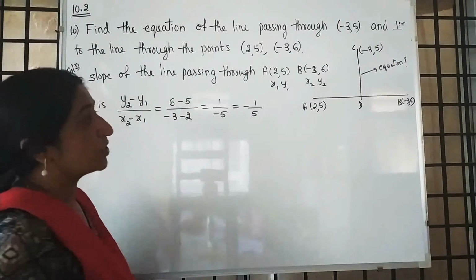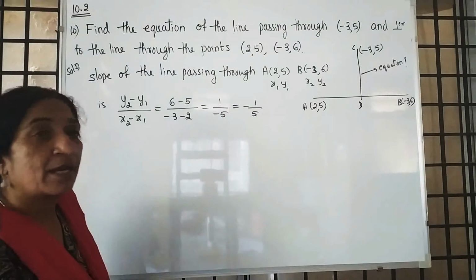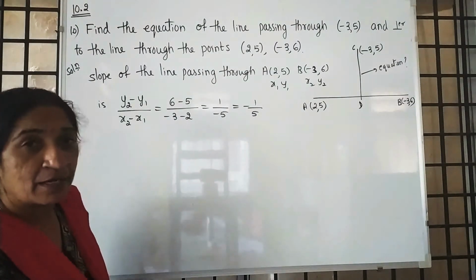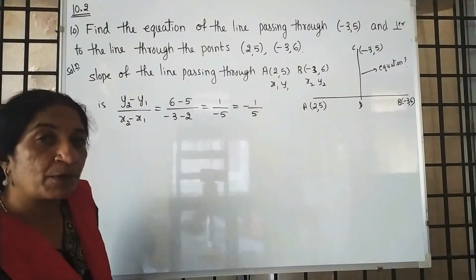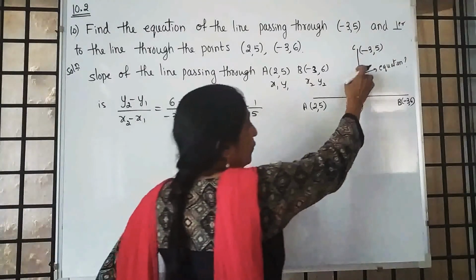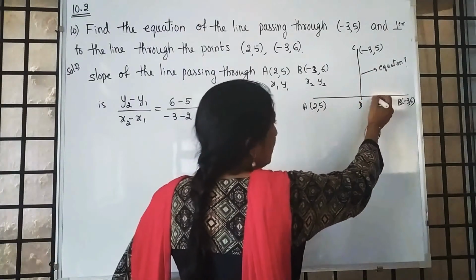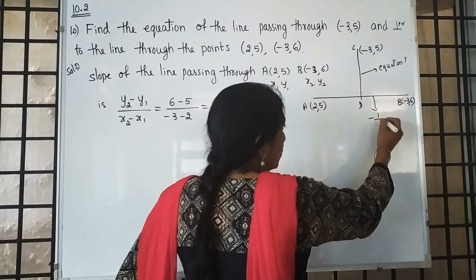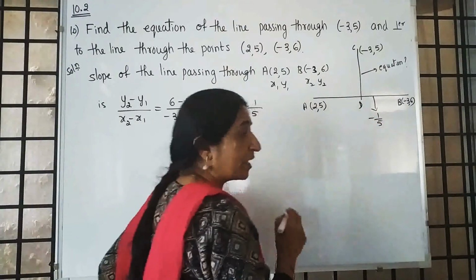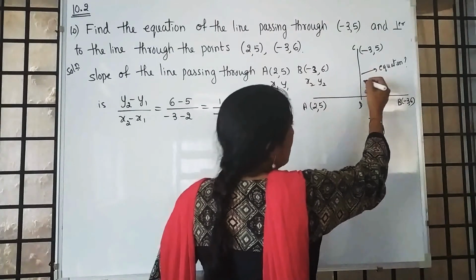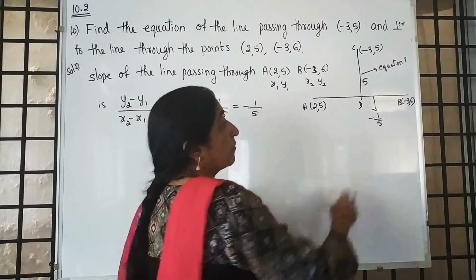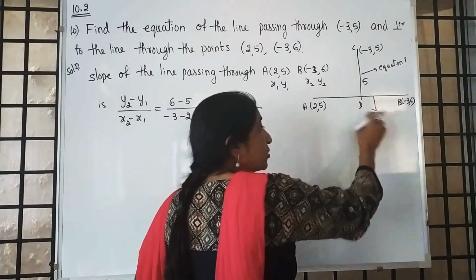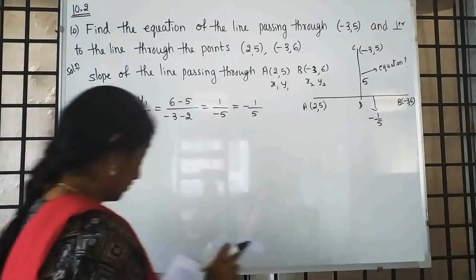And what is the relation between AB and CD? Are AB and CD perpendicular to each other? If two lines are perpendicular, the product of their slopes is minus 1. See, if it is minus 1/5, can you tell me what is the slope of CD? Is it 5? Why? Because when you multiply these two, your answer will be minus 1.